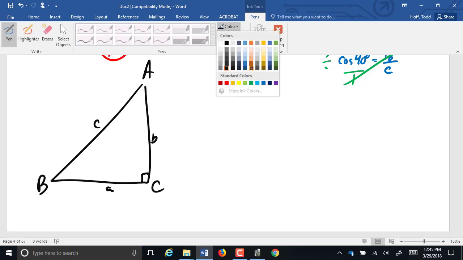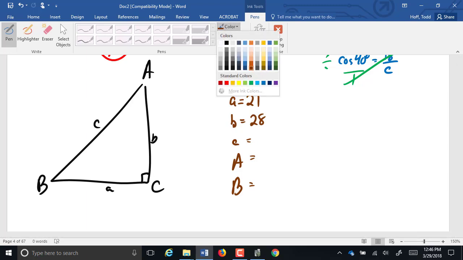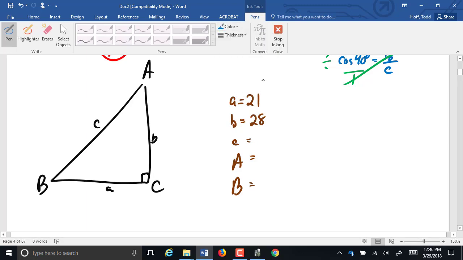Let's tell you this time that little a is 21, little b is 28. Want to find side C and angles A and B. How would I find side C? There you got it. Square root of 21 squared plus 28 squared, which is going to give us 35.